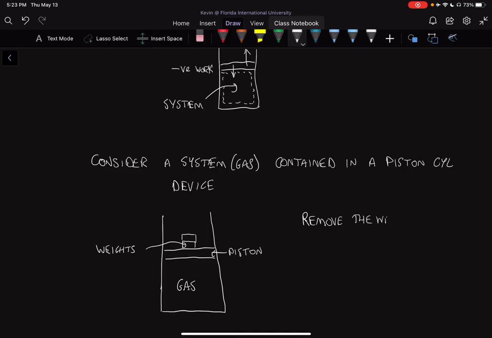If you remove the weights, you're essentially lowering the force acting on the piston. And if you lower the force acting on the piston, that means that the pressure is going to go down.